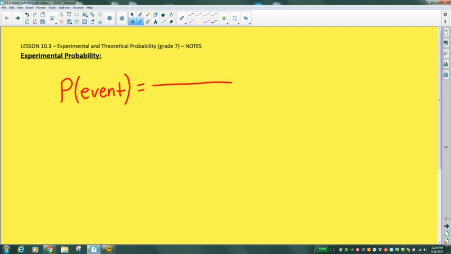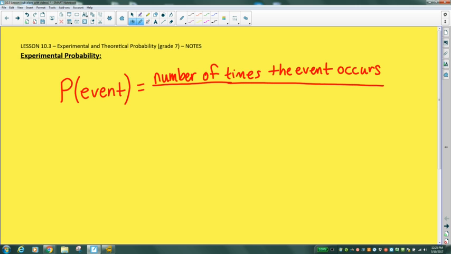And it equals a ratio, or a fraction, if you will, based off the number of times the event occurs over the total number of times that you completed the experiment, or the total number of trials.